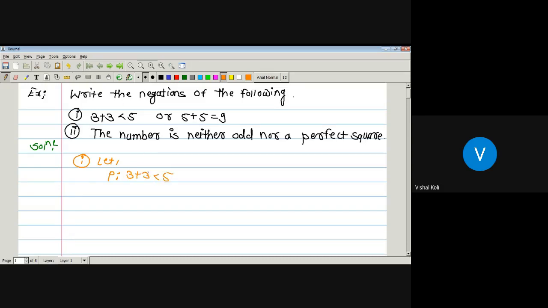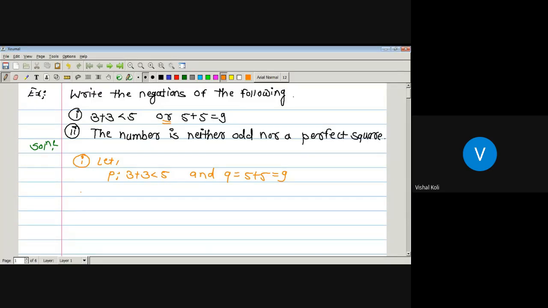Since 1 and 2 are compound statements, meaning they are combinations of simple statements, we can write P as 3 plus 3 is less than 5, and Q as 5 plus 5 is equal to 9. Here the logical connective or is used, so the given statement is of the form P or Q.